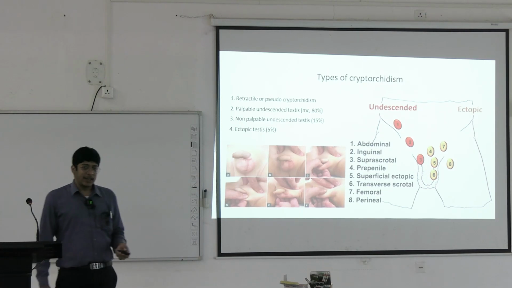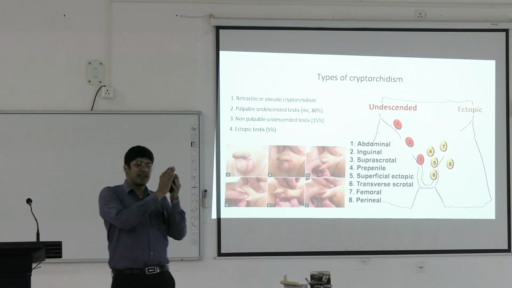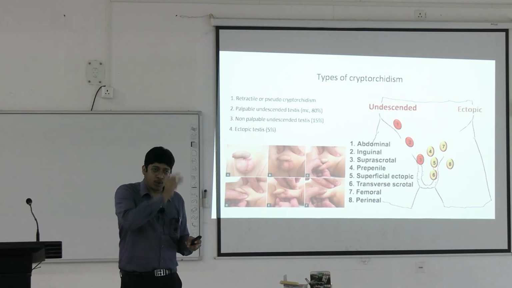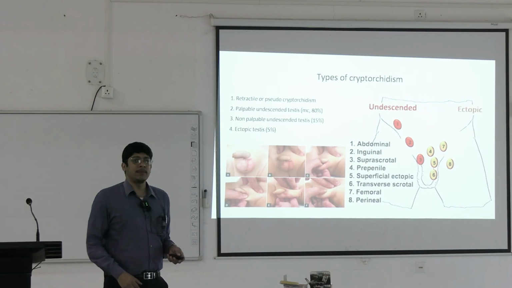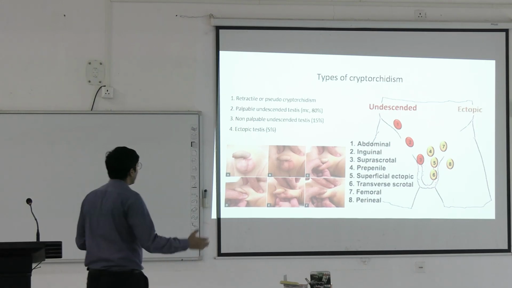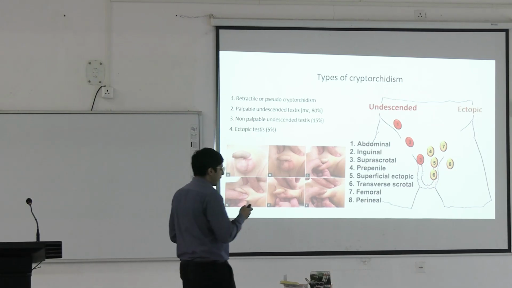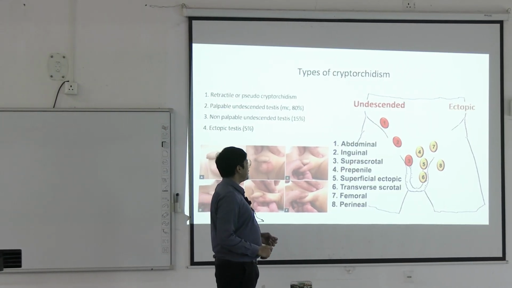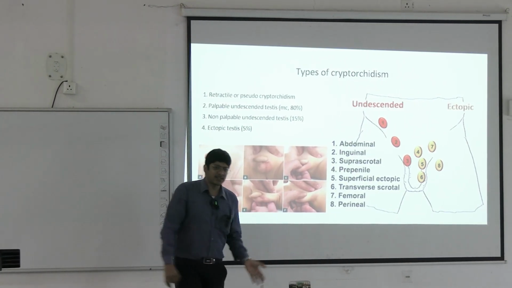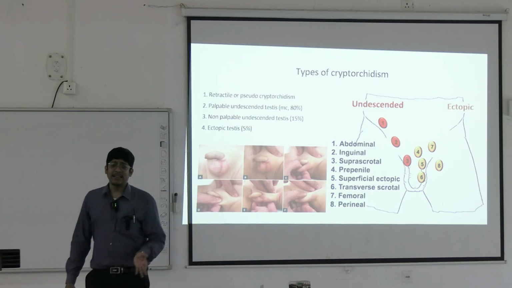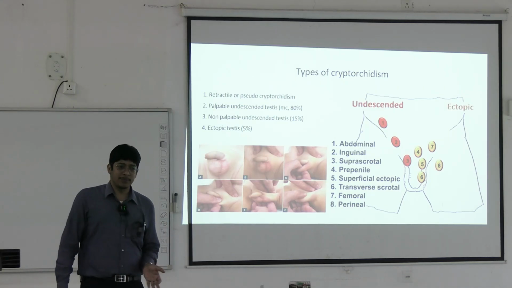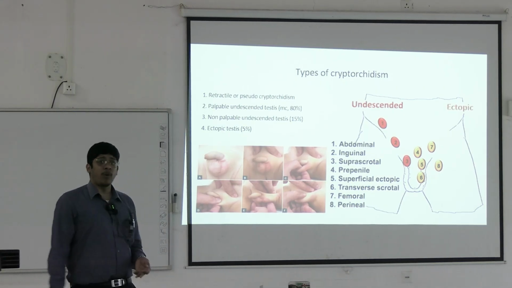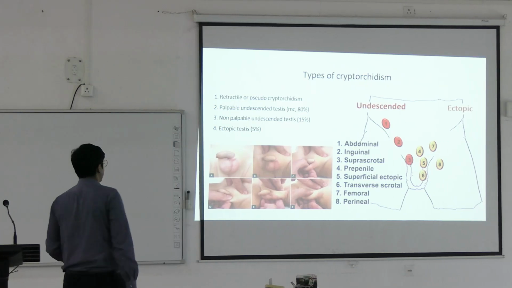What does that mean? That means the testis has deviated from its normal course of descent and is possibly present somewhere other than the normal course. What might be the other sites? It can be suprascrotal, prepenile, so there is a list of places where it can be, and it is often asked in your examinations in Vivas, what are the common locations of an ectopic testis.